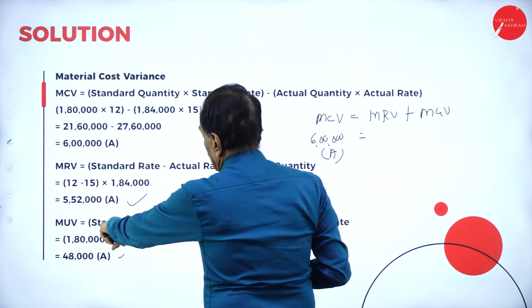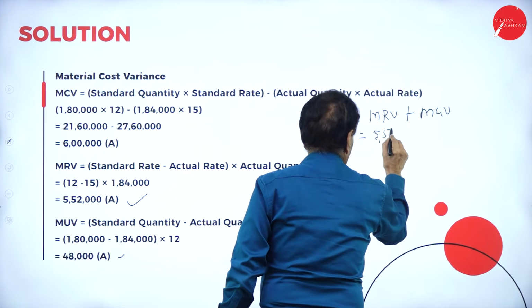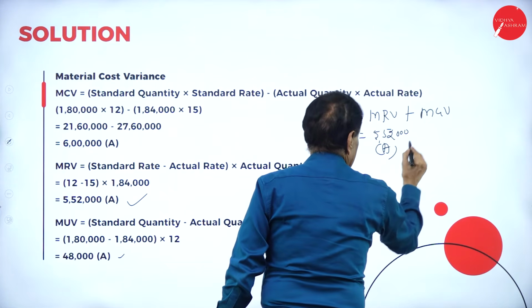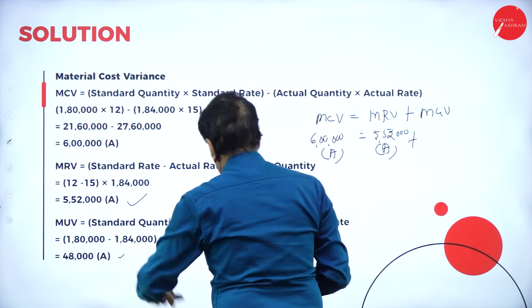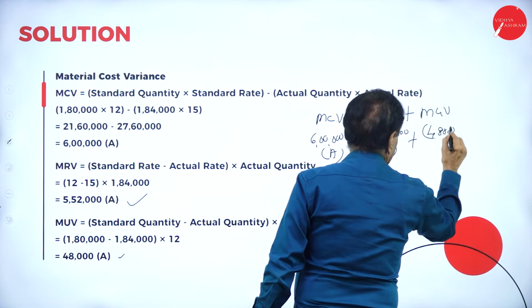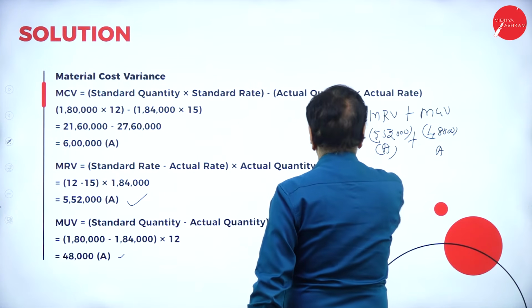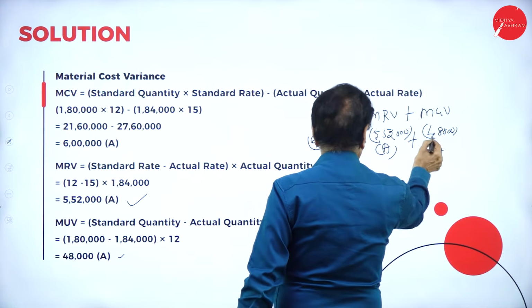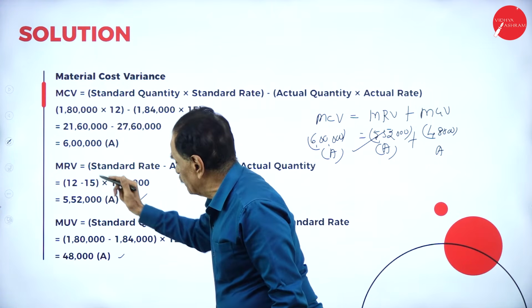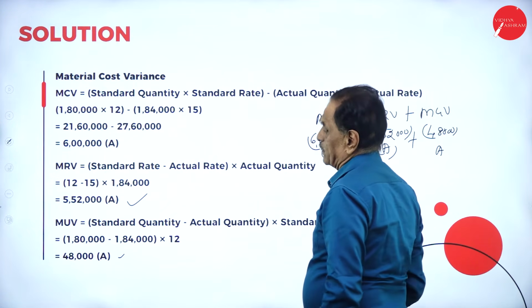What is your MRV? 5,52,000 adverse, plus what is your MUV? 48,000 adverse. So 6 lakh equals 6 lakh. So MCV should be equal to MRV plus MUV. A minus figure is called adverse.